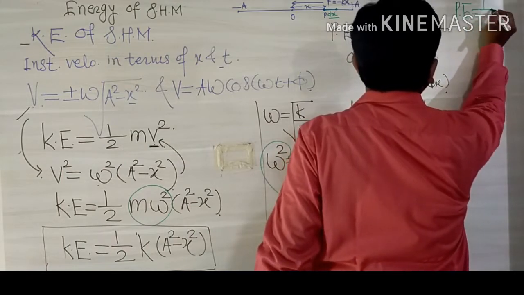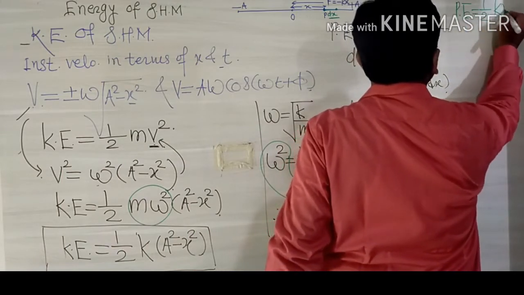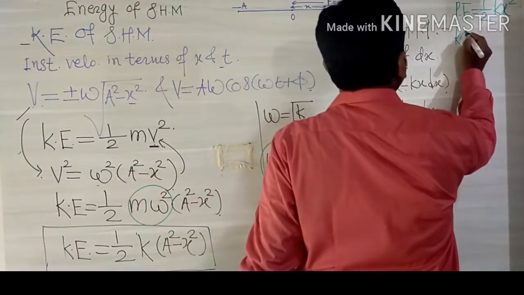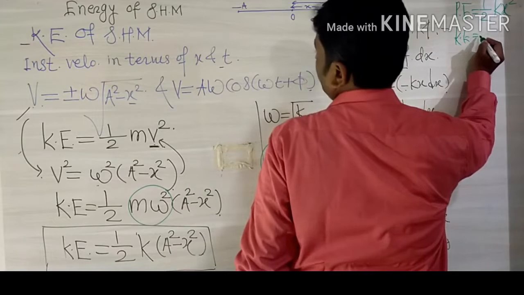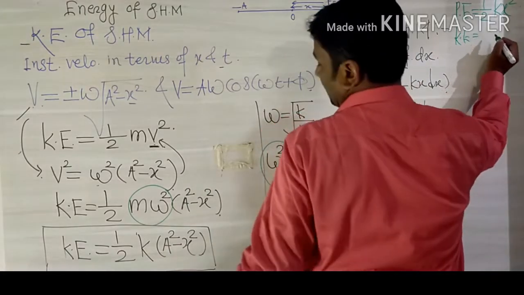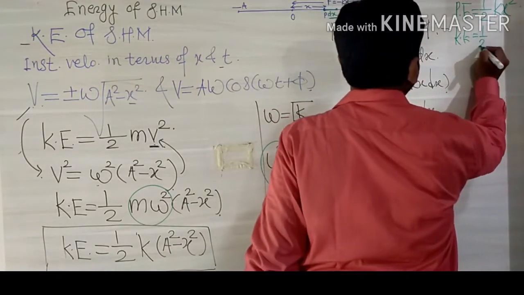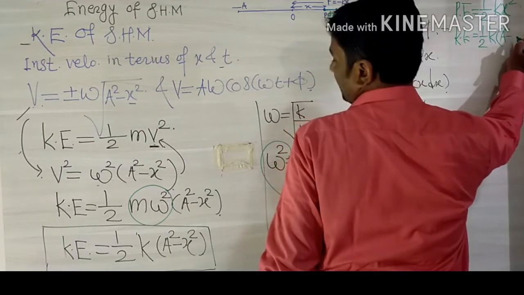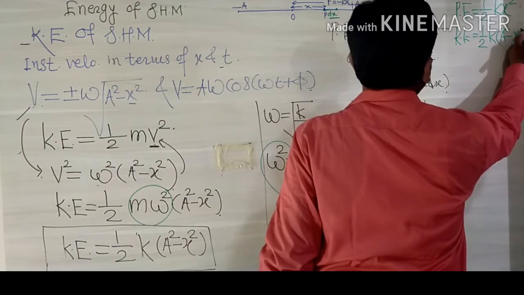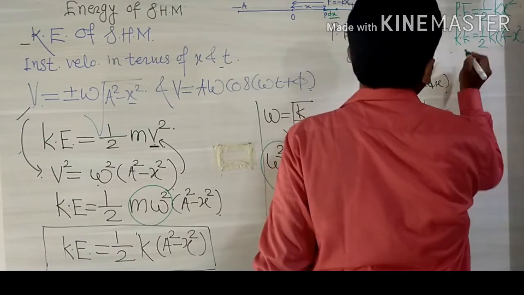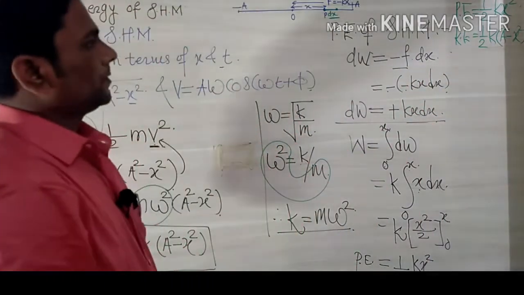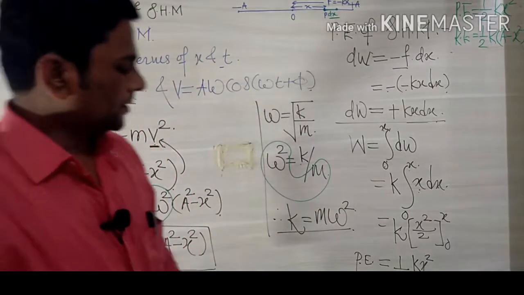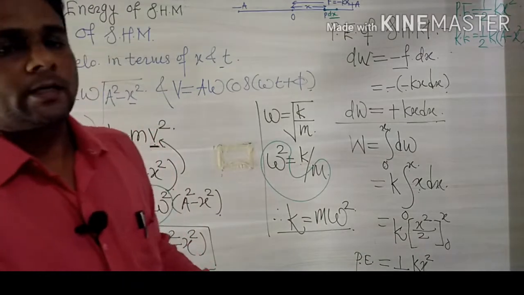So by this equation the potential energy is equal to 1/2 kx square, and the kinetic energy we get is 1/2 k into a square minus x square. Now whenever a particle performs simple harmonic motion, we find in that system the total energy.